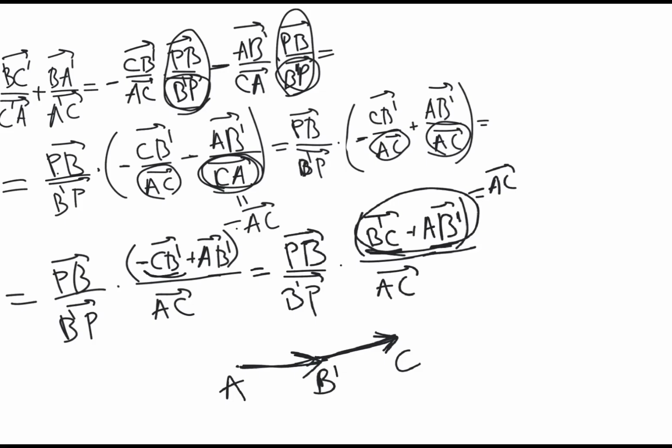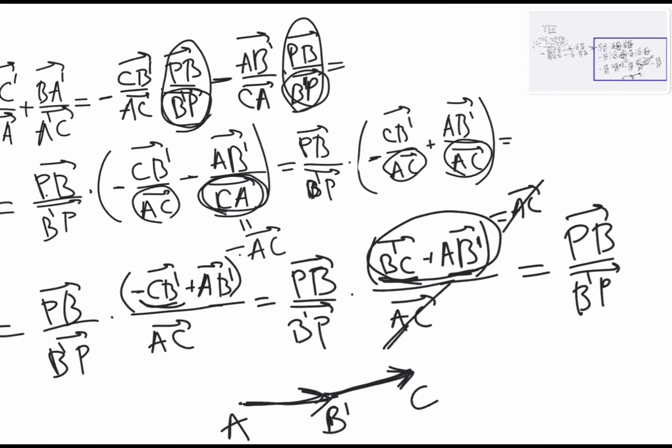And in the denominator we have AC, so they cancel each other. So this whole expression would be simply equal to PB prime over B prime P.